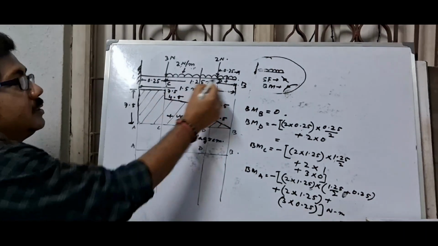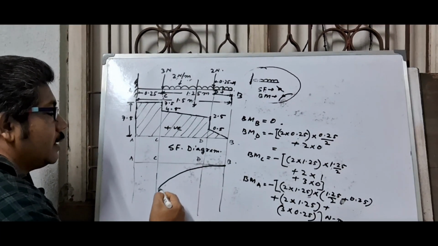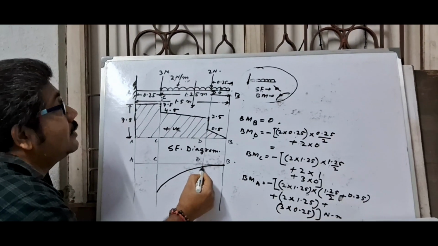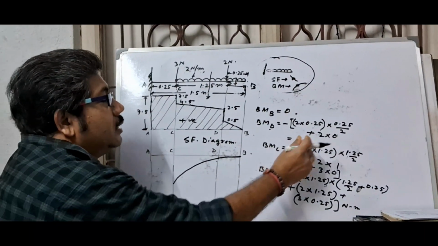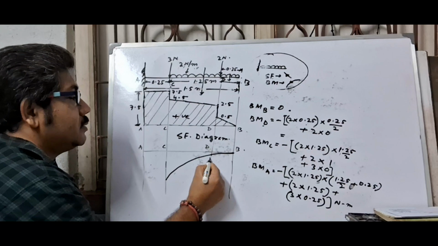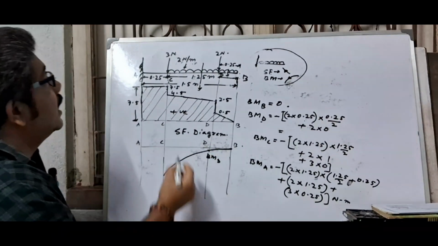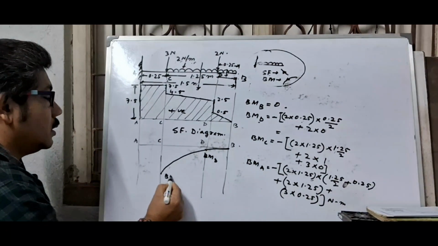B to D is the UDL, so here a parabolic curve. And at this point D, calculate this value and put this value. This is BM suffix D. BM suffix C, here the value.